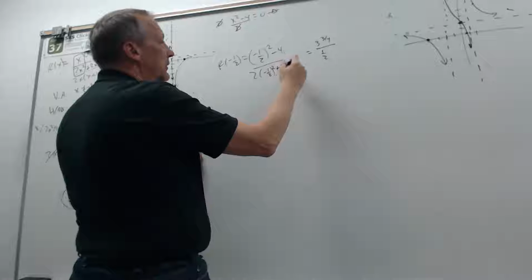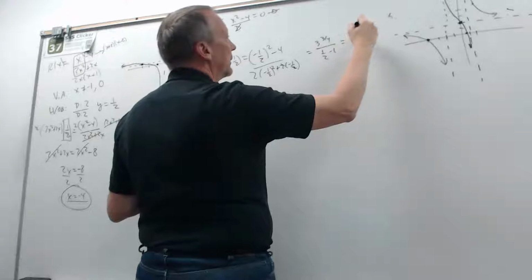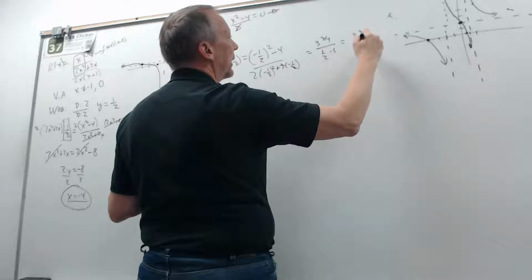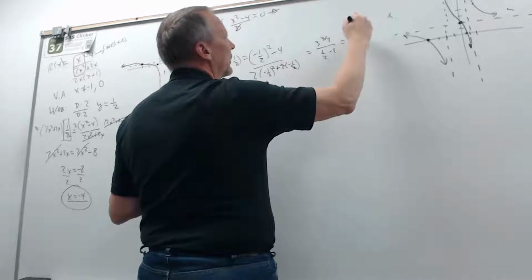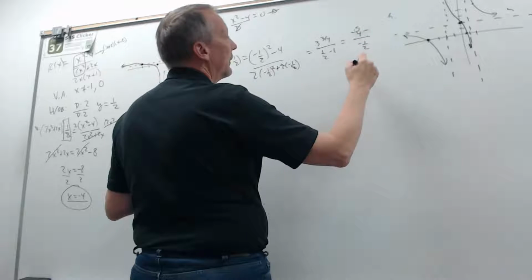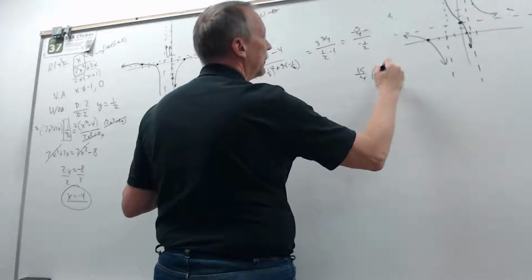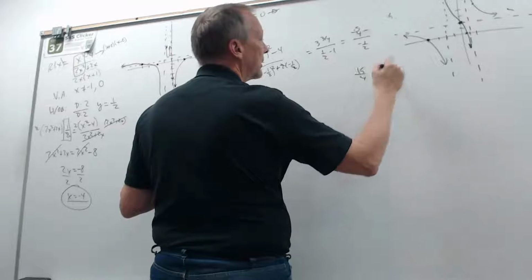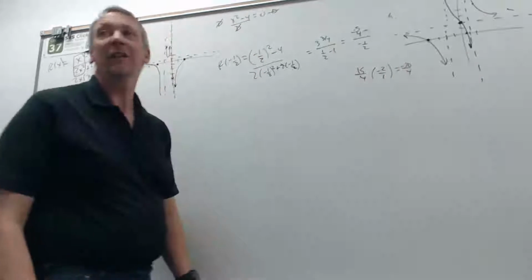Those 2's cancel, right? Minus 1 equals 3 3/4 divided by -1/2. Maybe I should change that. 3 3/4 is 15/4 divided by -1/2. I drew it wrong then. 15/4 times -2 over 1. So this is negative. So I drew it wrong. -30 over 4. It's a negative number, whatever it is.